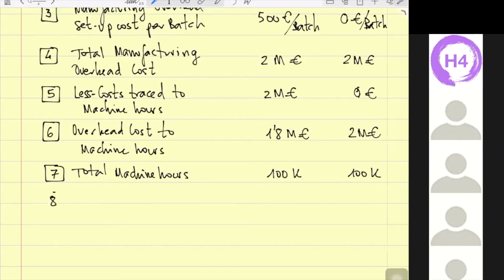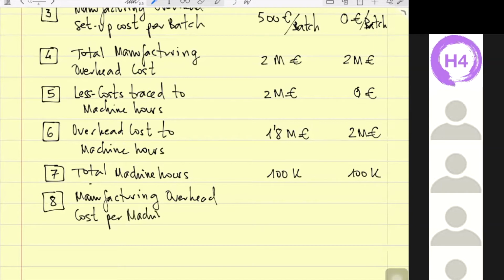Eight, this is given. Manufacturing overhead cost per machine hour.